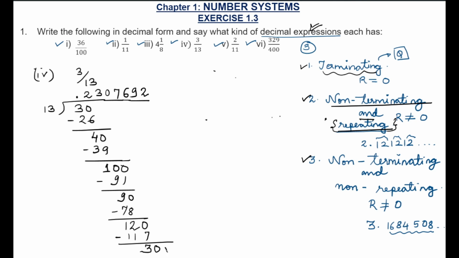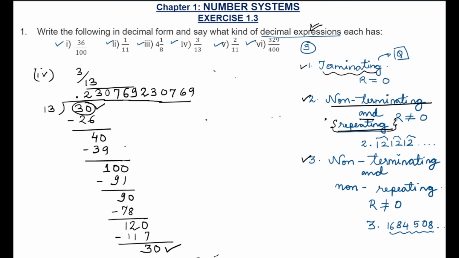Now if you see, this 30 and the same 30, again the same 30 came. It means that if you keep on dividing, you are actually going to repeat this entire pattern. After this 2, you're going to get 3, 0, 7, 6, and 9 again in the same order, right? Why? Because we are getting the remainder which we actually started our division with.